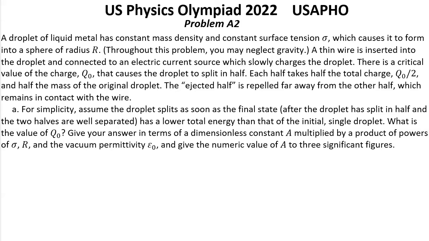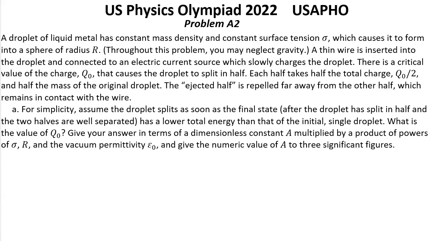Solution for question A. For simplicity, assume the droplet splits as soon as the final state, after the droplet has split in half and the two halves are well separated, has a lower total energy than that of the initial single droplet.